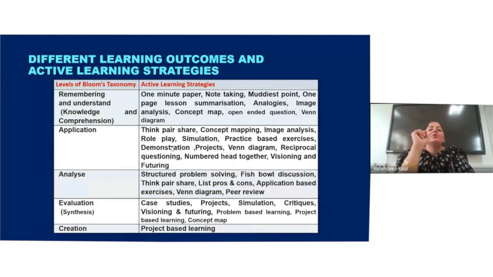I want my students to highlight the learning outcome that I wish them to learn. If I have defined something, if I have explained something, if the students are able to differentiate between two different processes, they are able to give me the gist of those key points by the use of this 1 minute paper. The only time requirement for this particular strategy is 5 minutes.